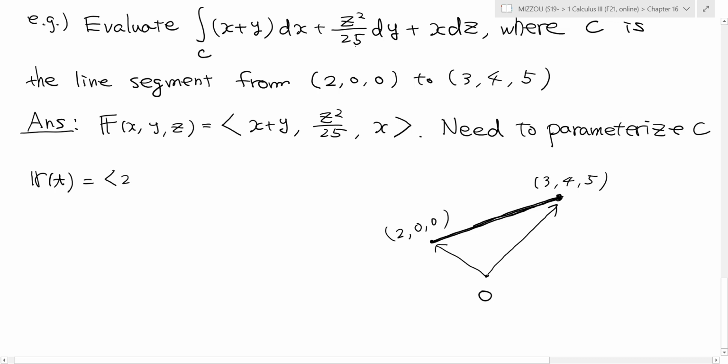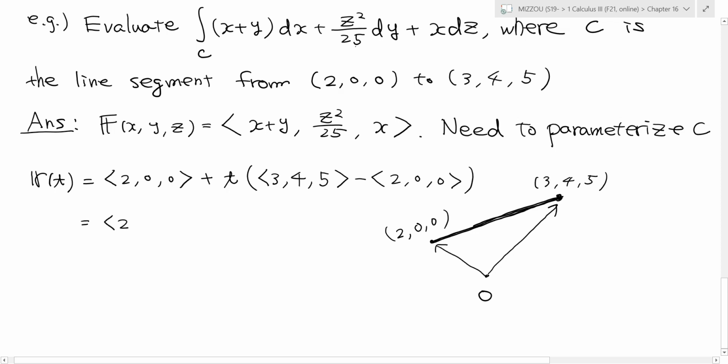It goes through 2, 0, 0, and then t times the direction vector, which is the vector starting from 2, 0, 0 and ending at 3, 4, 5. So this is 3, 4, 5 minus 2, 0, 0.